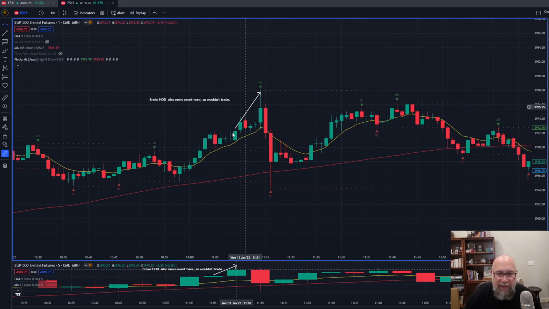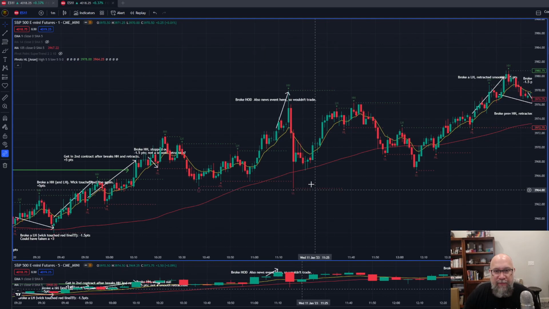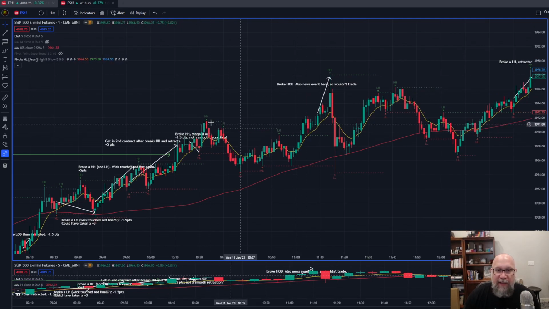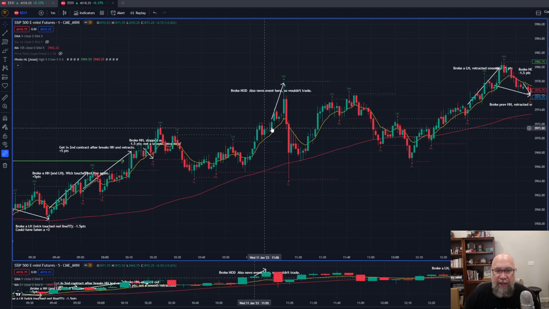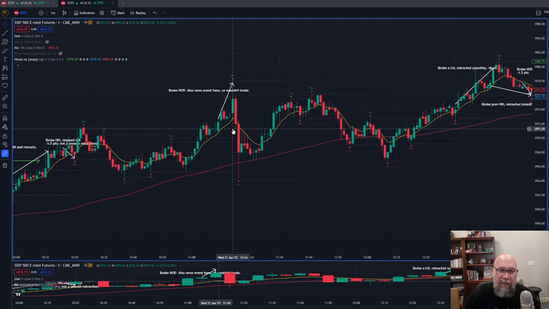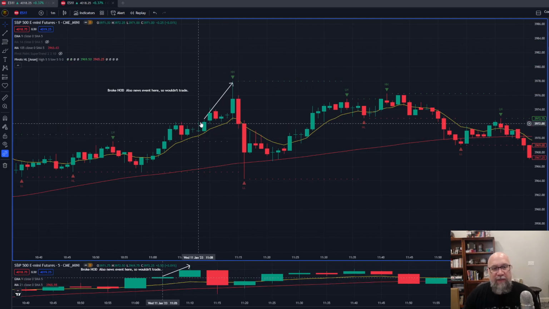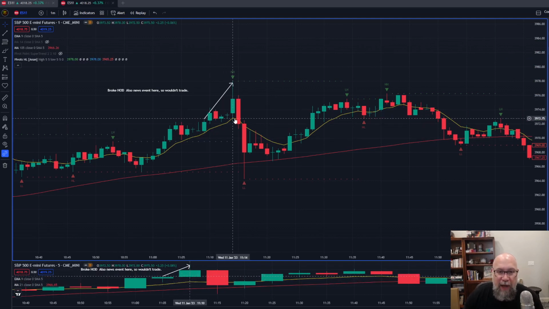This one, basically, we're looking for a high to be broken. So currently this green line was the high of the day. So this is all on the same day. This was the next high, and clearly we broke that level right here. So once we break that level, what we're looking for is essentially a retraction back to the yellow line.